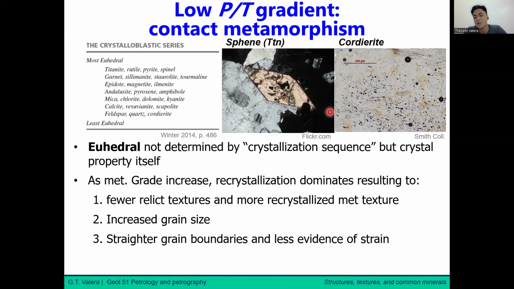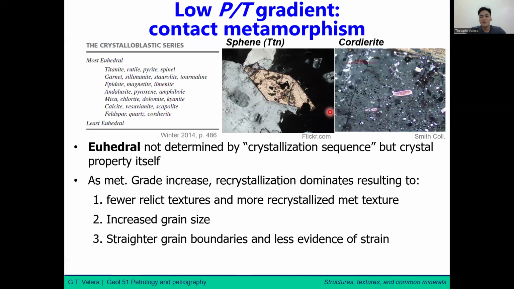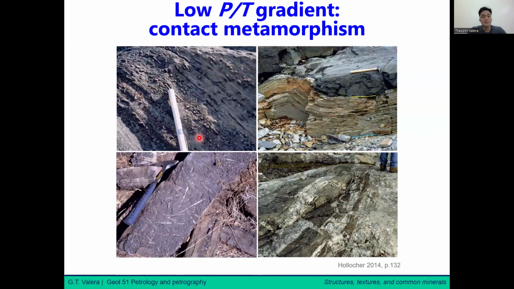So the bulk composition as well as the PT conditions for cordierite to form are rather special. If you suspect that it's quartz and you're sure you're not looking at a metapelite or a low PT contact metamorphic rock, most likely that is quartz. Okay, so some textures of contact metamorphism.